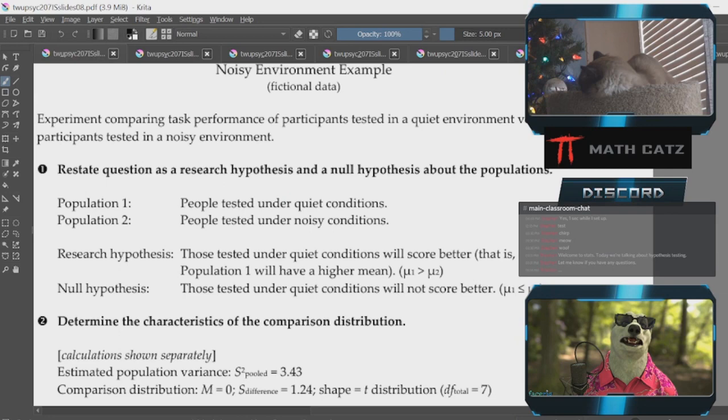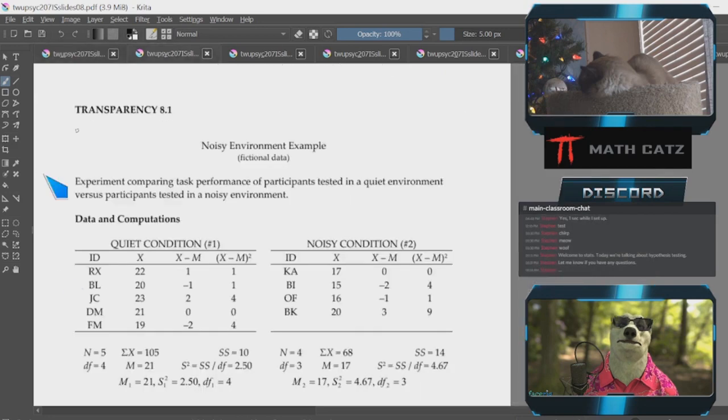Let's have a look at how each sample can be pooled together to estimate the variance as accurately as possible. So for the quiet one, we have 5, our degrees of freedom is 4, one less.